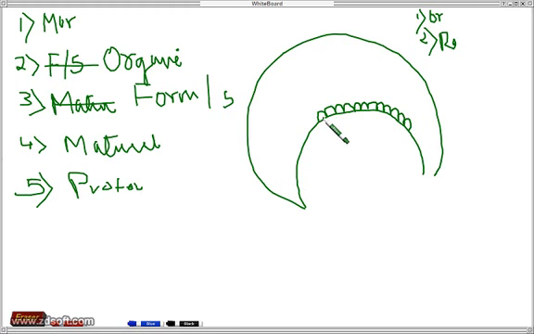Now this pre-ameloblast cells, or internal enamel epithelium, in the early bell stage gives signal to your undifferentiated ectomesenchymal cells, which are in the dental papilla area. This ectomesenchymal cell is signaled by your internal enamel epithelium to differentiate into odontoblast cells. I'll make the odontoblast in red color. They differentiate.